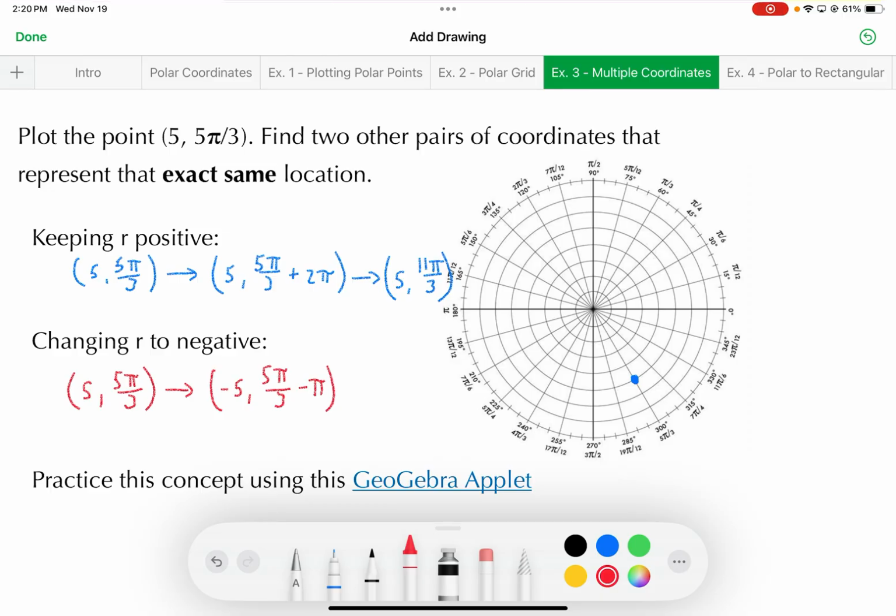Just think, if I'm at 5 pi over 3 and I subtract pi, that's going to take me back to right there, which would be at 2 pi over 3. And would you agree that if I go to 2 pi over 3, with r being negative here, I've got to go backwards in the opposite direction, and that'll still take me to the point that's in blue there.